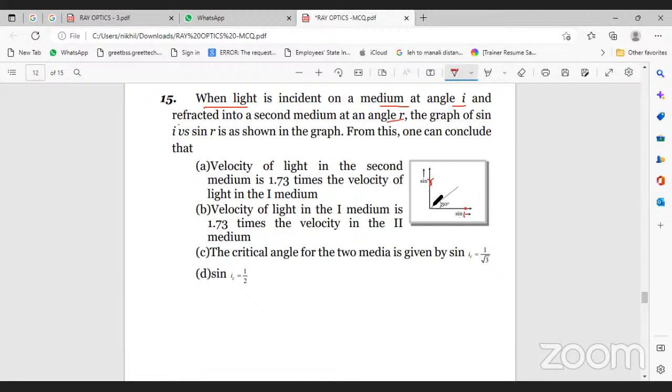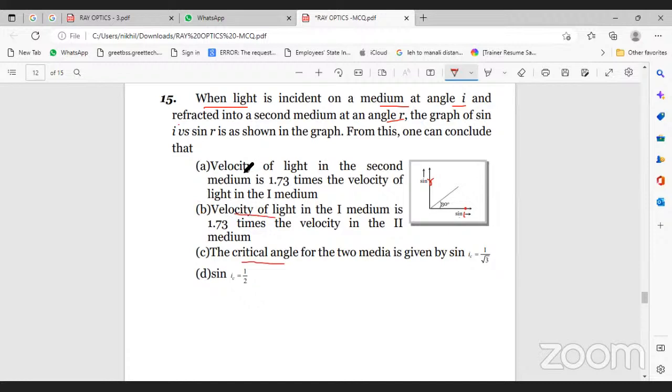Now this is a straight line, right? Yes, sir. For the straight line, can I try to find the velocity of light and the critical angle? Because one option is talking about the critical angle.